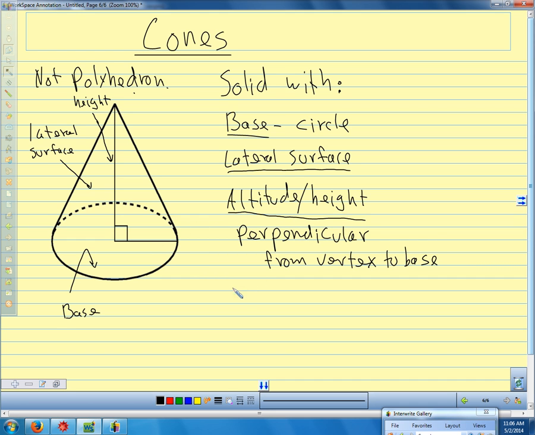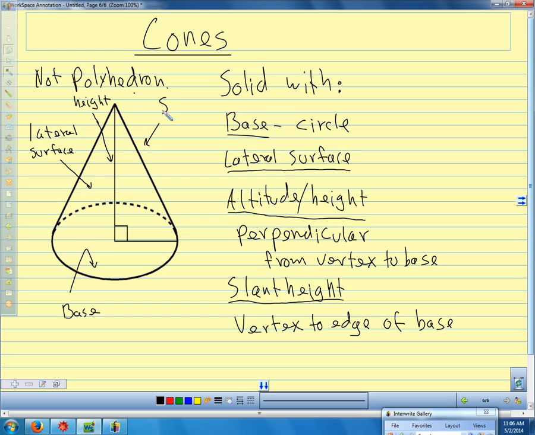And we also have a slant height on a cone. Our slant height is from the vertex to the edge of the base. So on this cone, our slant height would be right along here. And this would be our radius.